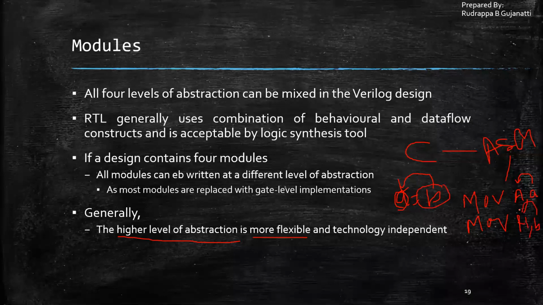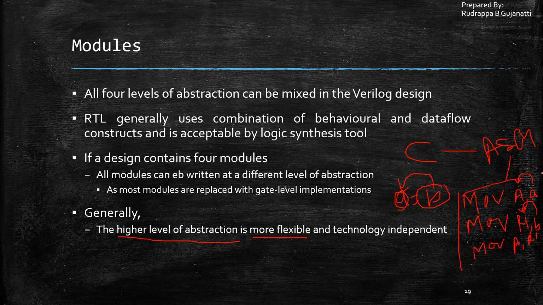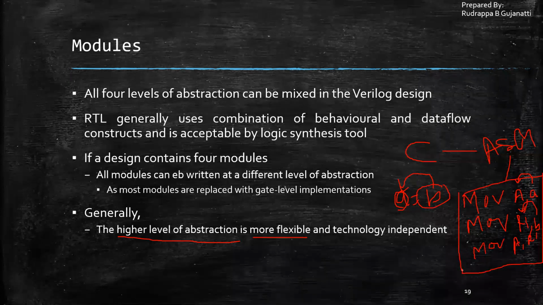Once this is done, I can write it as move A comma R1, something in this form. This is just a sample I'm showing, of how this assignment would operate at assembly level language.